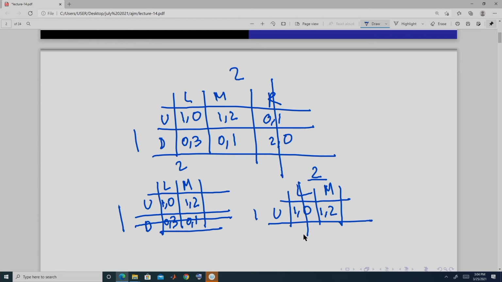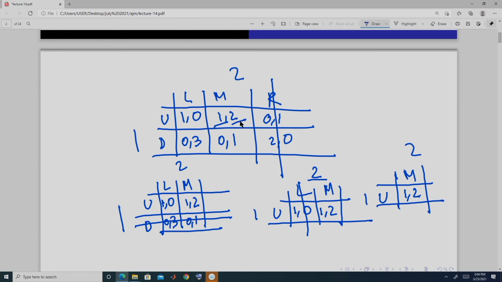So, we leave this. Through this process of elimination, we come to the conclusion that player 1 is always going to choose U and player 2 is always going to choose M. So, this is going to be the outcome of this game.